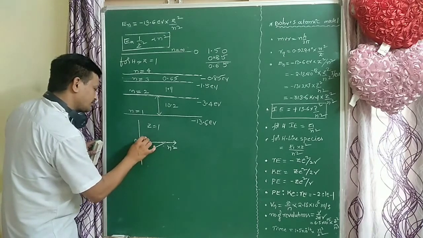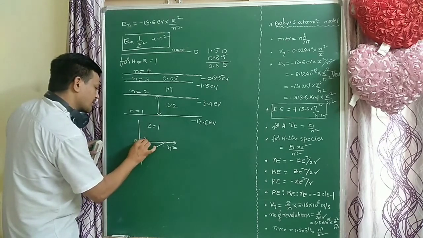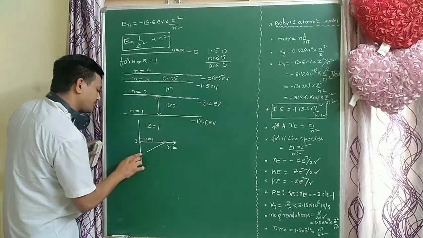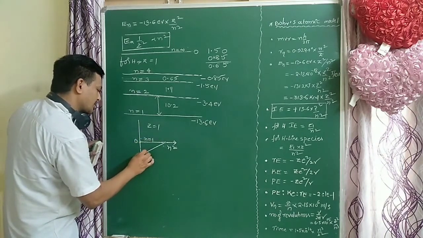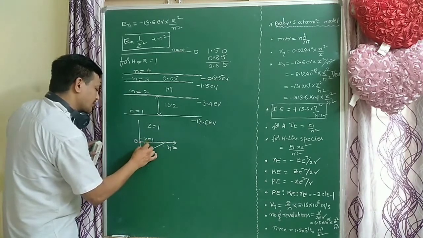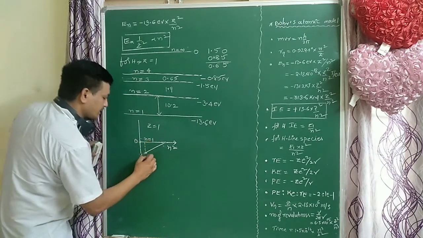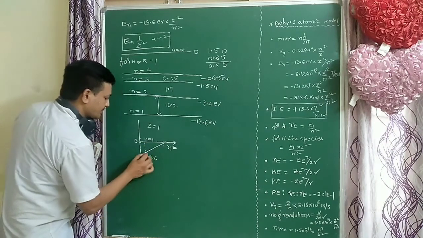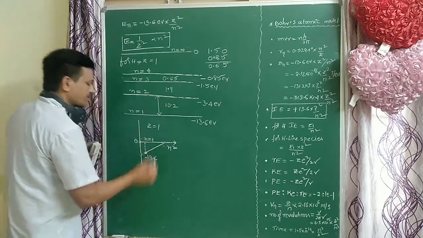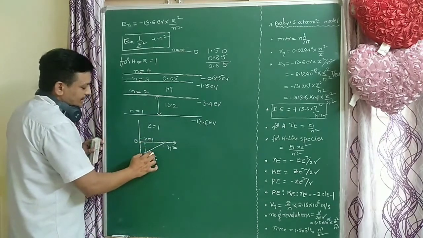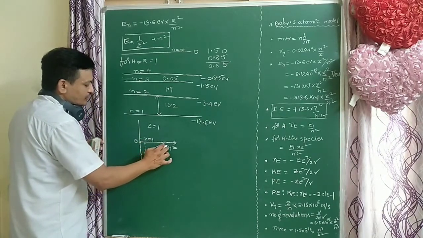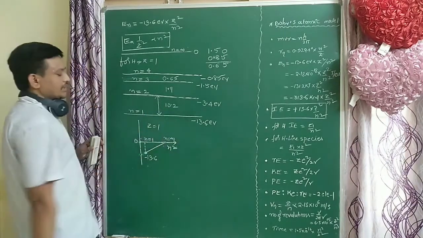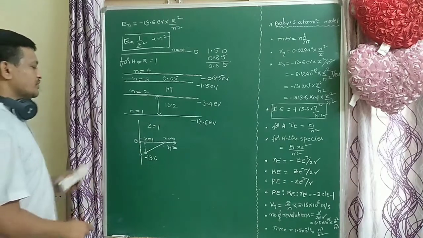Here the starting point is n equal to 1, and for hydrogen atom that is minus 13.6. As the n value increases, energy increases, and it reaches 0 at n equal to infinity.